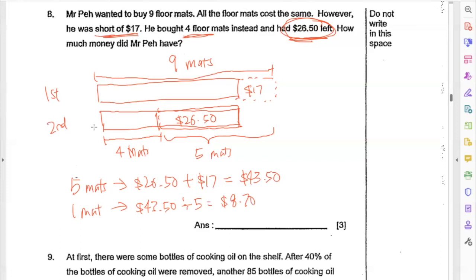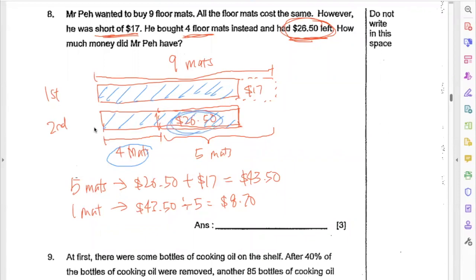Now, what's the question? How much money did Mr. Pei have? So we are talking about how much is this bar, or how much is this bar. It's the same. So what I will do is use the value of 4 floor mats plus $26.50.